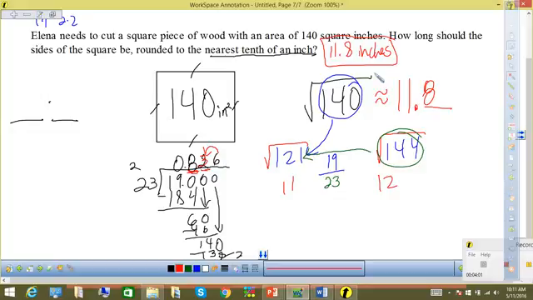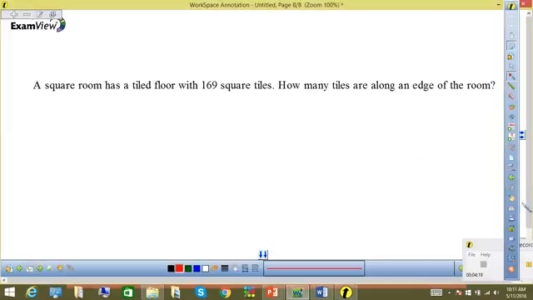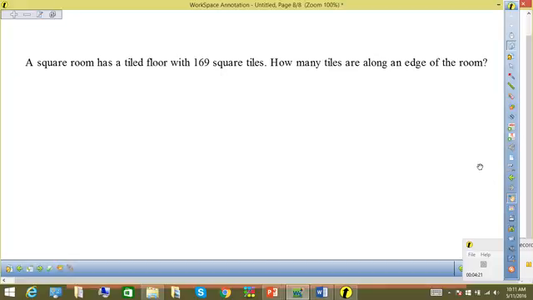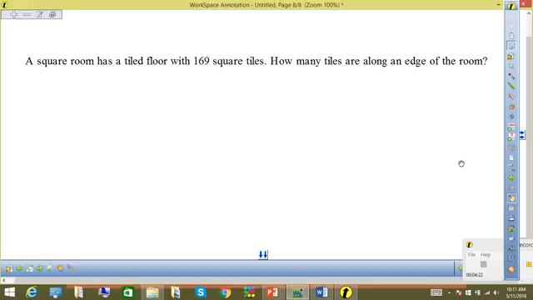Nice. So let's go to the next one. That was number, what number was that? 5. Let's go to number 6. Now look at this one. This one is very similar, except for it has an extra step at the end.